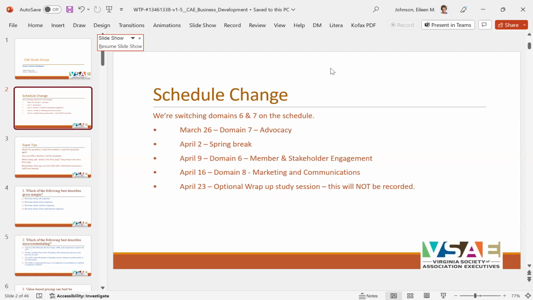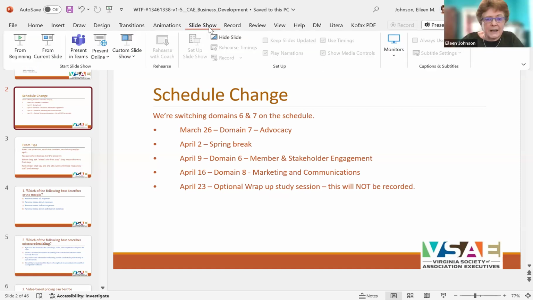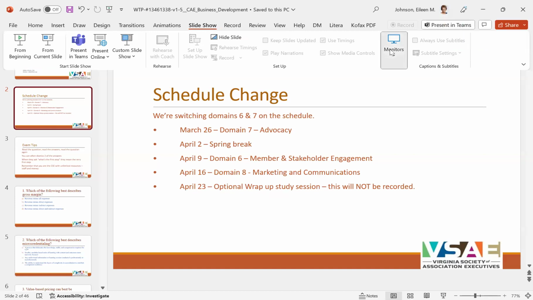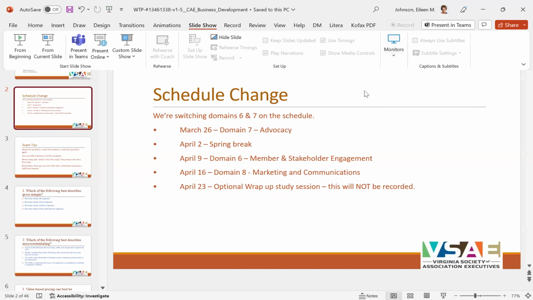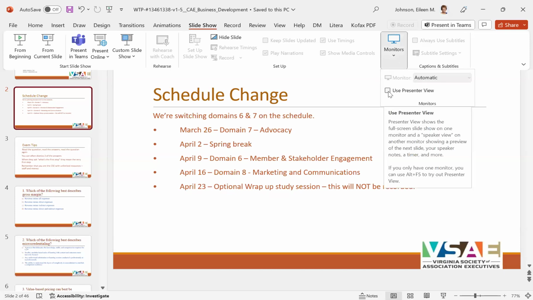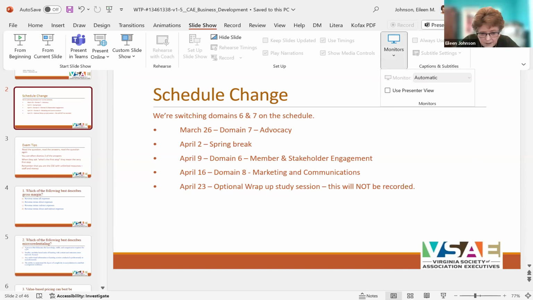If you click on slideshow, and then monitors. There it is. Select your main monitor. It was in presenter view. So turn presenter view off, and then you can start playing your slides. Then click the present button at the bottom, right beside the minus sign.